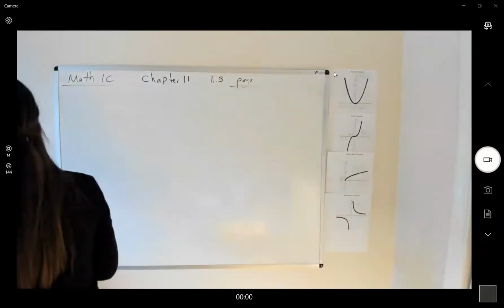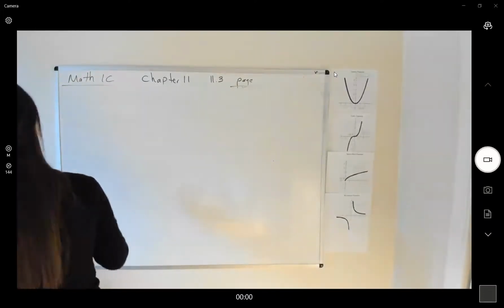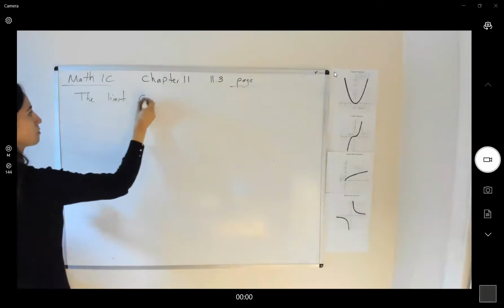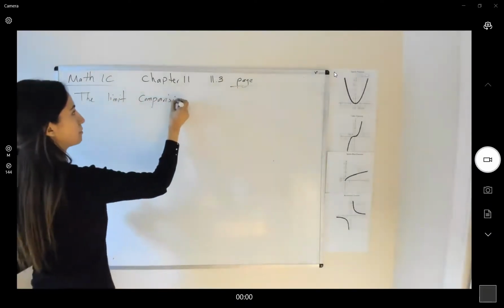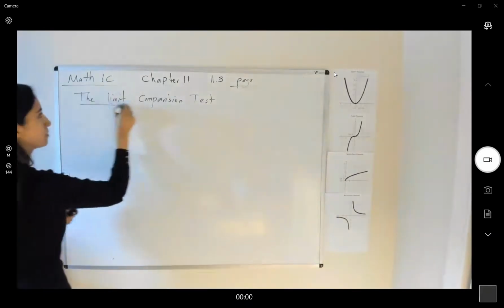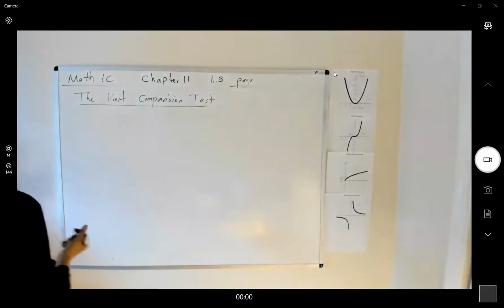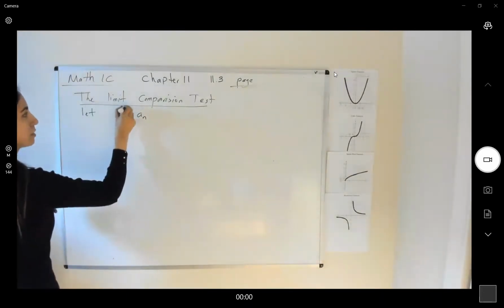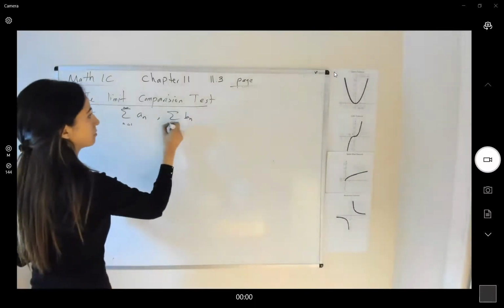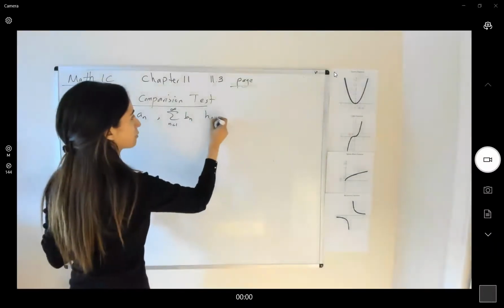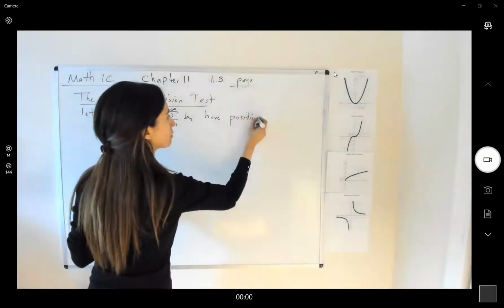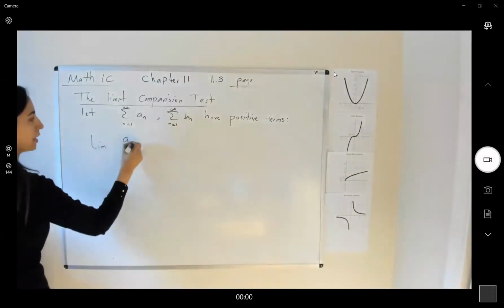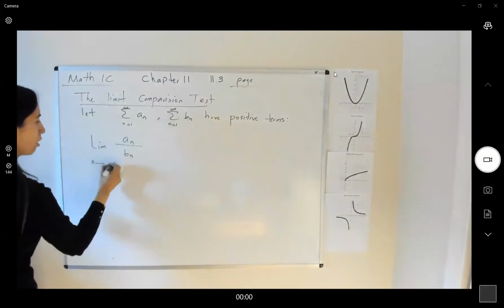So it's like this: the limit comparison test. Let two series have positive terms. Take the limit of a_n divided by b_n while n goes to infinity.